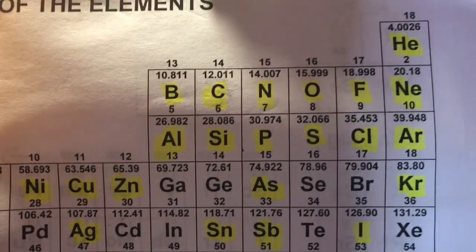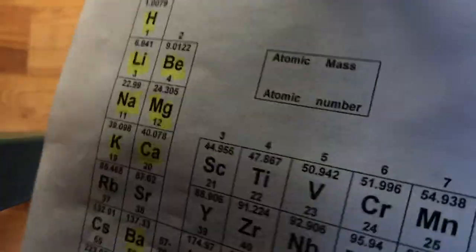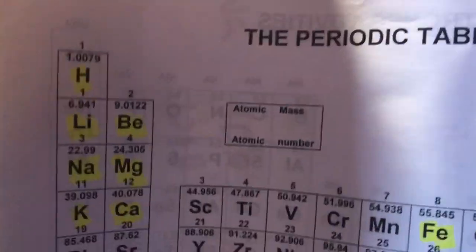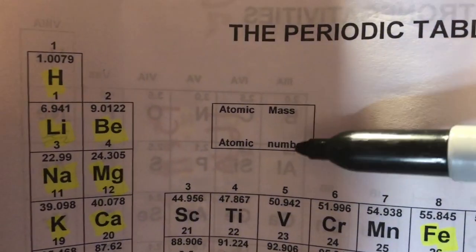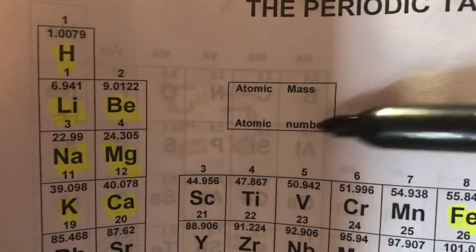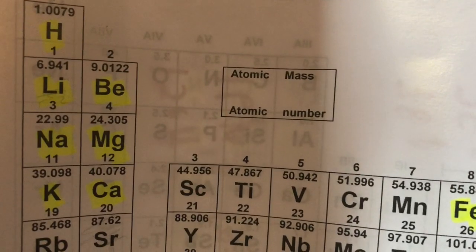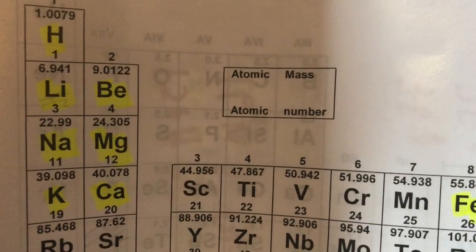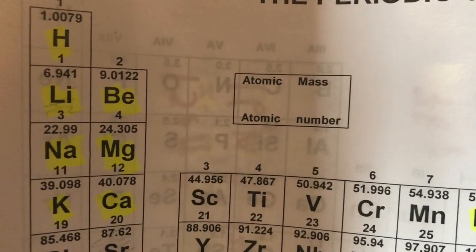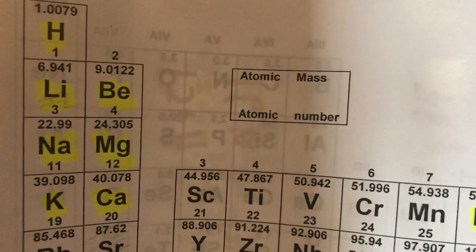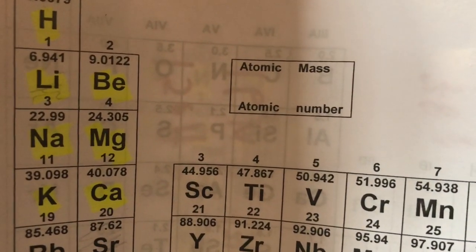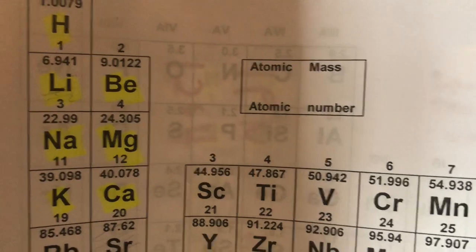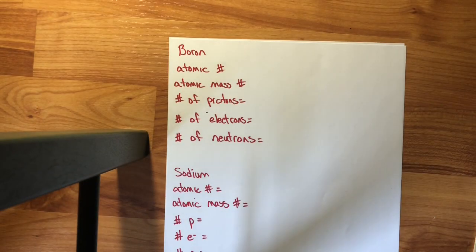Now we can tell that because most periodic tables will have a legend. So this one here tells me which is which. So if you're not using this periodic table and you're using another one, make sure you're able to tell which is the atomic number and which is the atomic mass number. Remember, the atomic mass number is the number that usually has decimals attached to it.